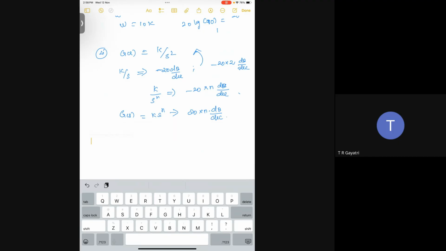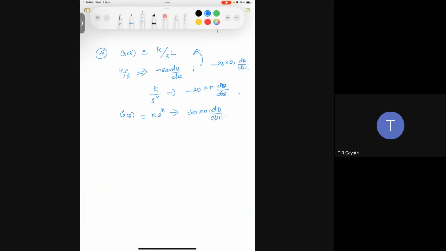Now, a common transfer function: G(s) equals 1 by 1 plus sT, where T is the time constant. I will write it in terms of s.